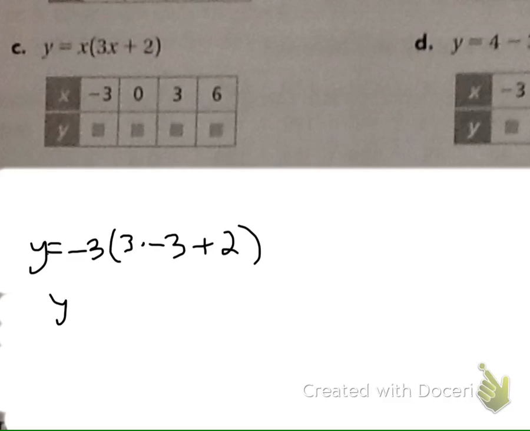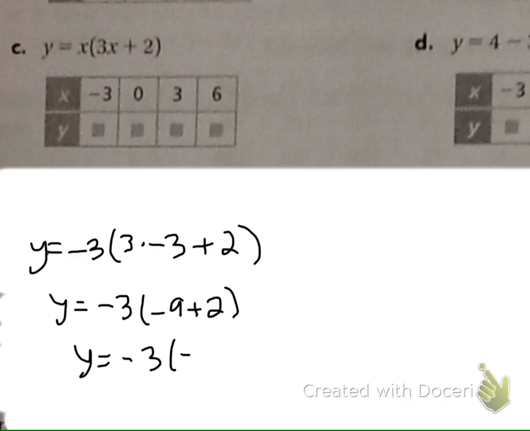So I've got 3 times negative 3 is negative 9 plus 2, and negative 9 plus 2 is negative 7. And then negative 3 times negative 7 would be 21. So that's my first value.